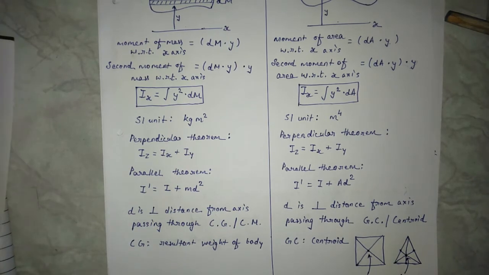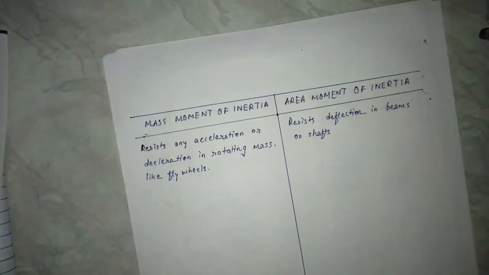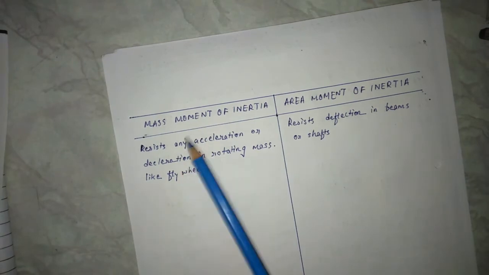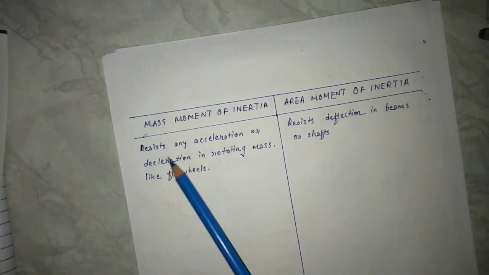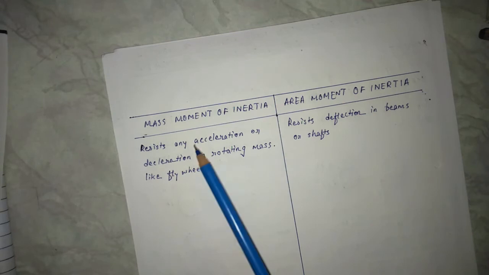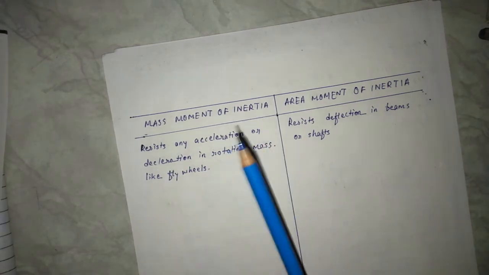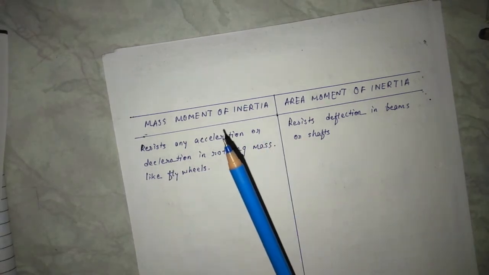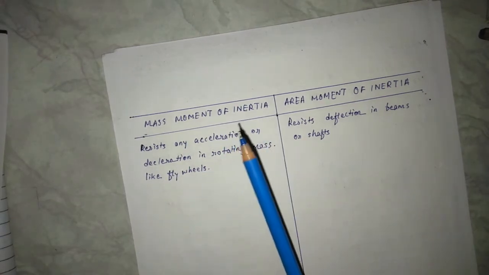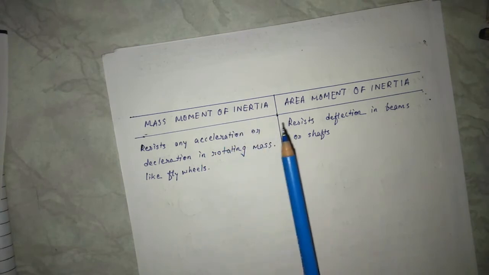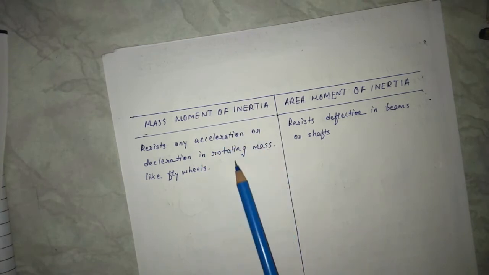Then let's go to the next page. Over here, the property written for mass moment of inertia is that it resists any acceleration or deceleration in rotating masses like flywheels. When a flywheel is moving very fast and you apply brakes, it needs some force, and if you want to accelerate it, it also needs some force.